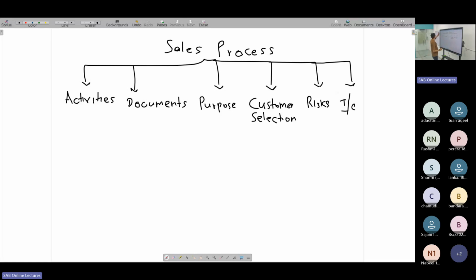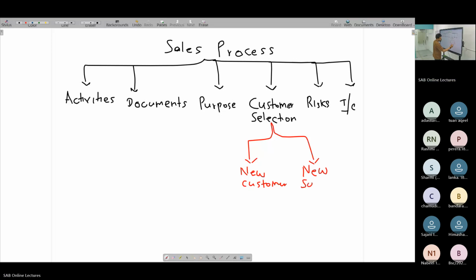So under supplier selection, sorry, it's customer selection: new customer and new sales for existing customer.